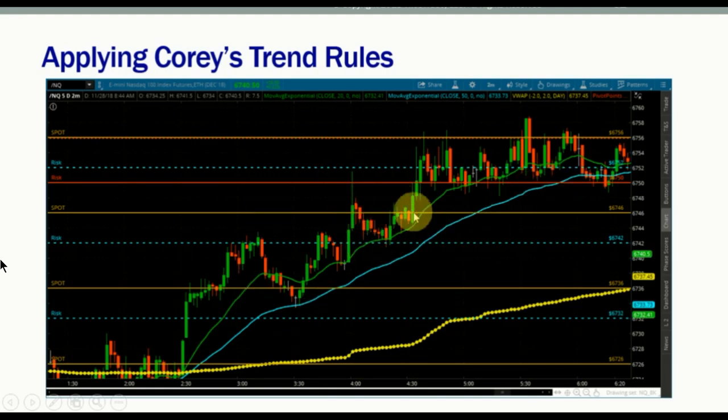Look at how it lines up with the spots and markers, right? This is an open spot. You buy the backtest of the open spot, supported by, guess what, this marker that never breaks, neither does that EMA. So this is a really good example of how this could help add a little confidence.